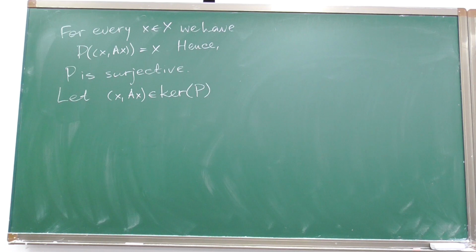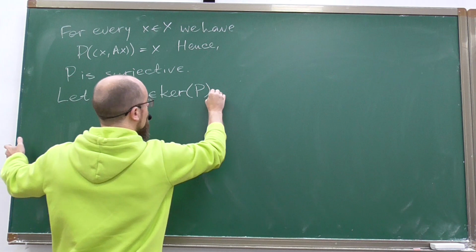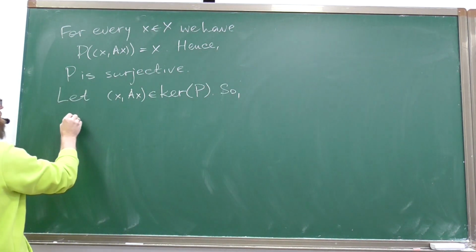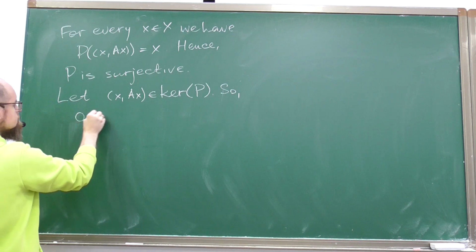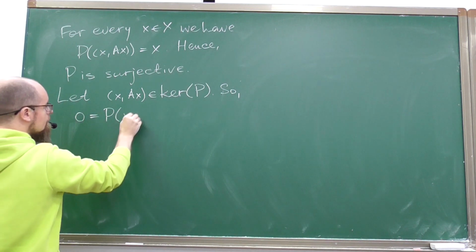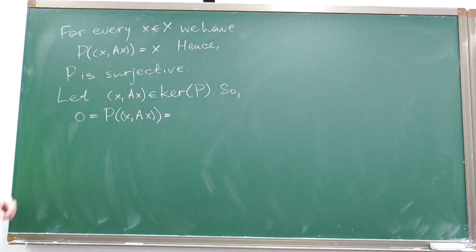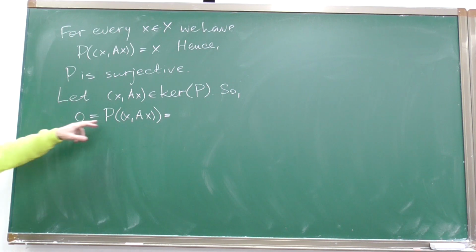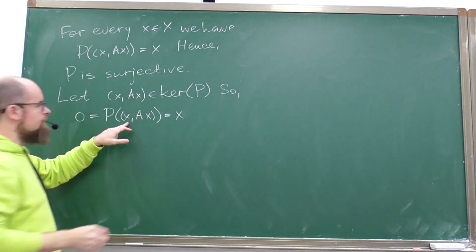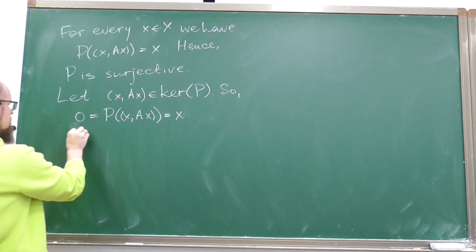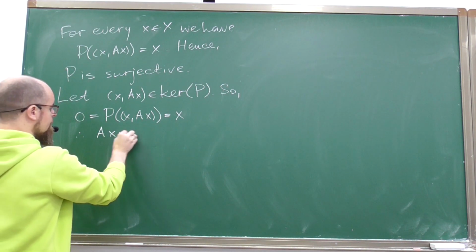By definition of the kernel, the value of P at this point is 0. But by the definition of P, it equals the first component, so x. So x is 0.